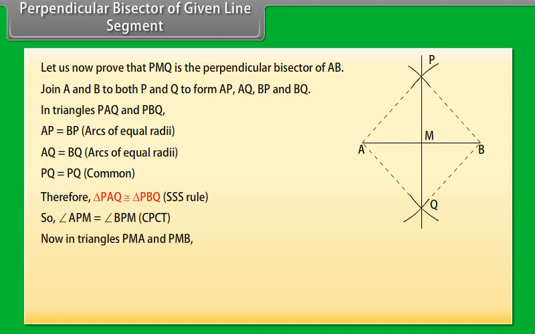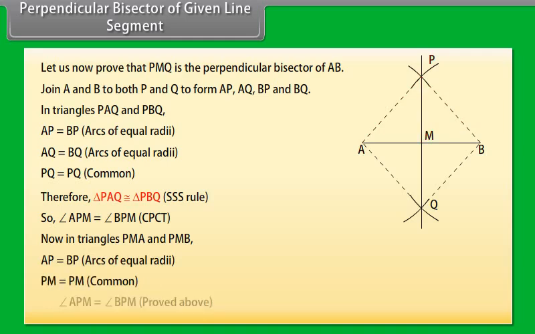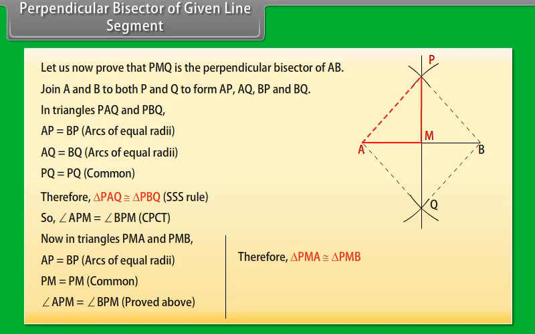Now in triangles PMA and PMB, AP is equal to BP, arcs of equal radii. PM is equal to PM, common. Angle APM is equal to angle BPM as it is proved above. Therefore, by SAS congruence rule, triangle PMA is congruent to triangle PMB. So, AM is equal to BM and angle PMA is equal to angle PMB by CPCT.